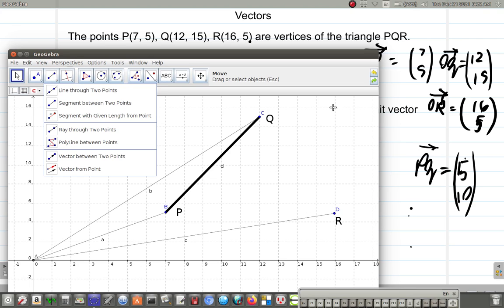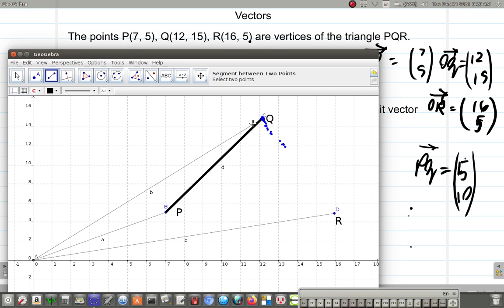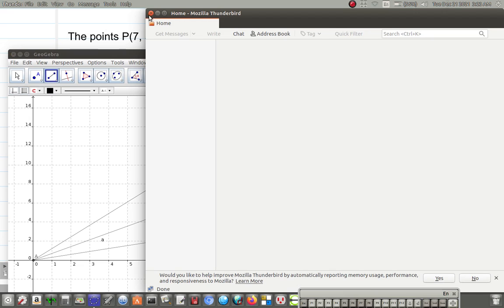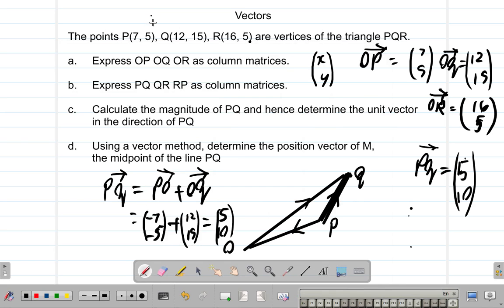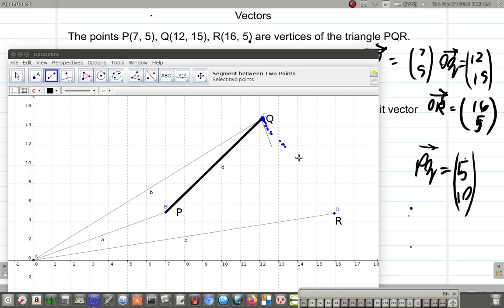Now what is QR? It's a line that I want. QR would be a line coming from here. Let me try that again. Yes, to here. That's QR. Alright?